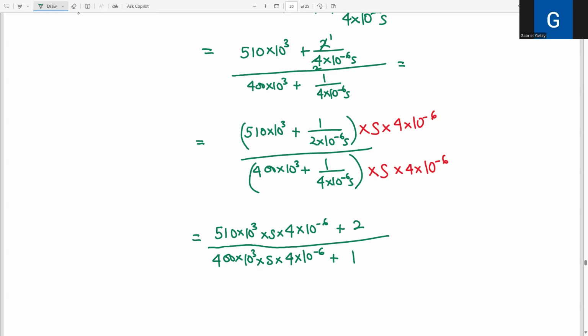Okay. If I multiply this 510, this gives me, if my calculations are right, 2.04 s plus 2, all over, and I do the same thing to 400 times 10 to the power 3 times 4 times 10 to the power minus 6.